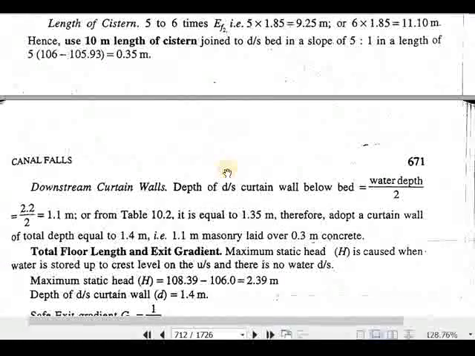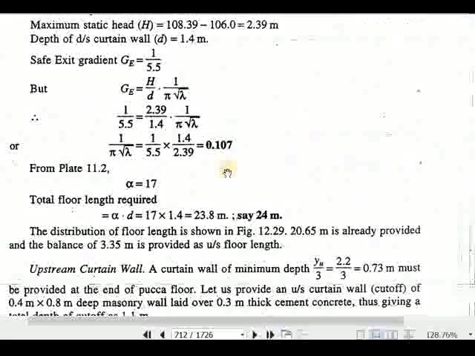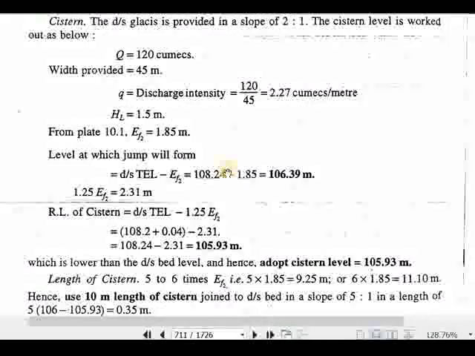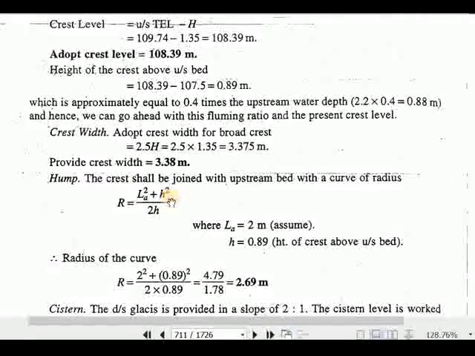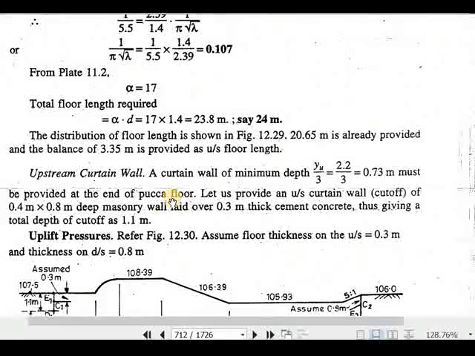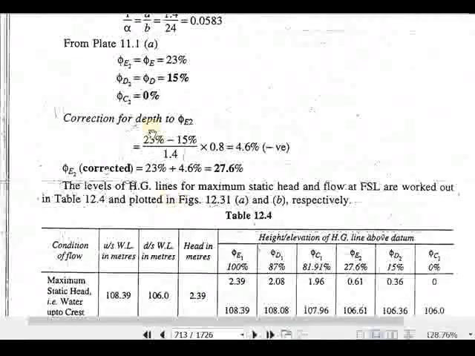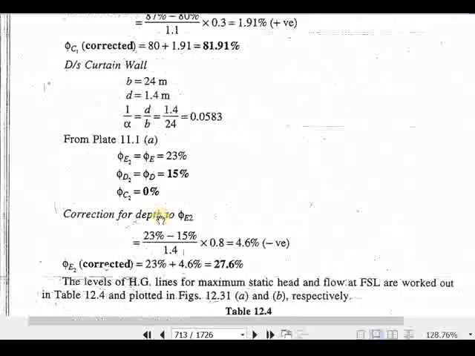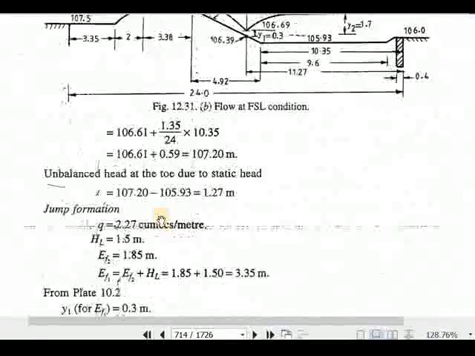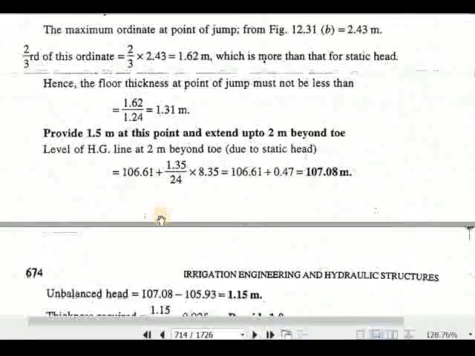You have to do this example. If you face any difficulty, then I will help you to solve this numerical. So example 12.4, 12.5 with uplift pressure and seepage pressure and safety, you have to do all these calculations.